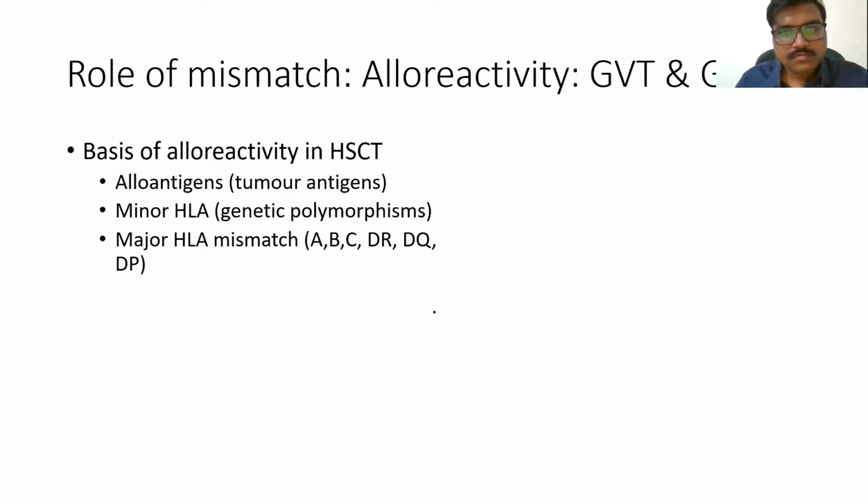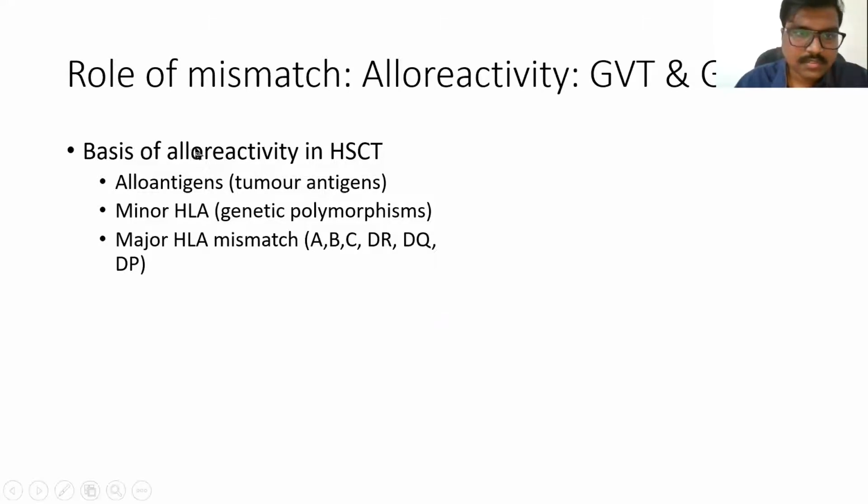So what is the role of mismatch? When we give chemotherapy to a patient, that will decrease the tumor burden, but still there is a residual disease, and this residual disease is taken care of by the T cells which are being transplanted, that has graft versus tumor effect.